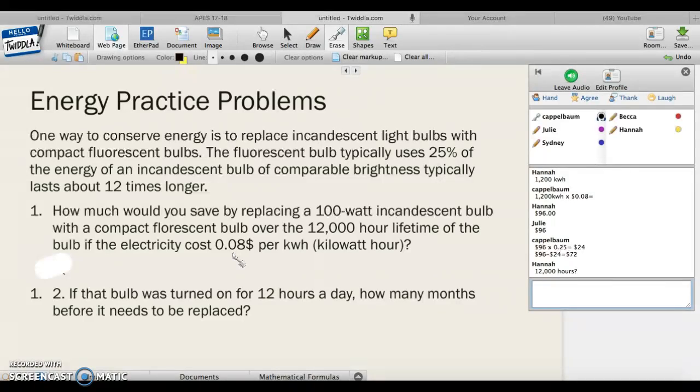Okay, so we would want to start with our 12,000 hours, because that is the life of the bulb.